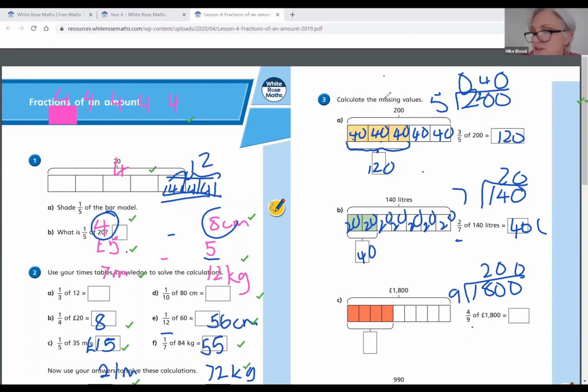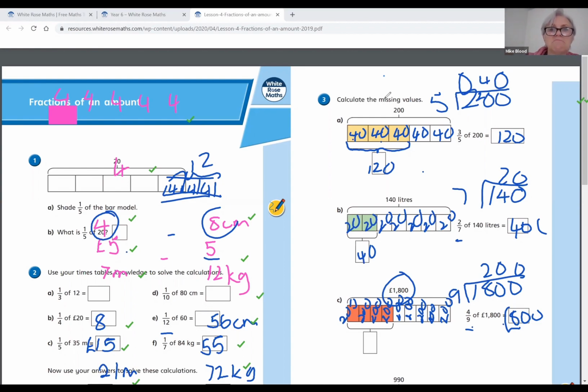So each of those is 200. And I want 4 of them. So 4 lots of 200 is 800, and it's pounds. So it should be £800.